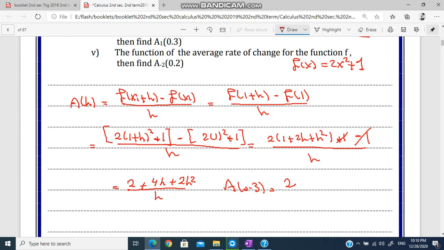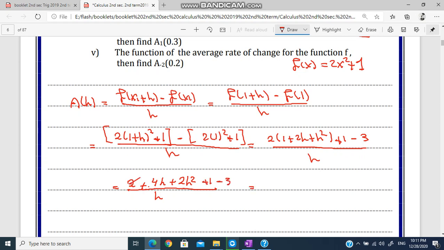This result will be 3, not 1. So it will be plus 1 minus 3. So I will distribute 2 here. It will be 2 plus 4h plus 2h power 2 plus 1 minus 3.